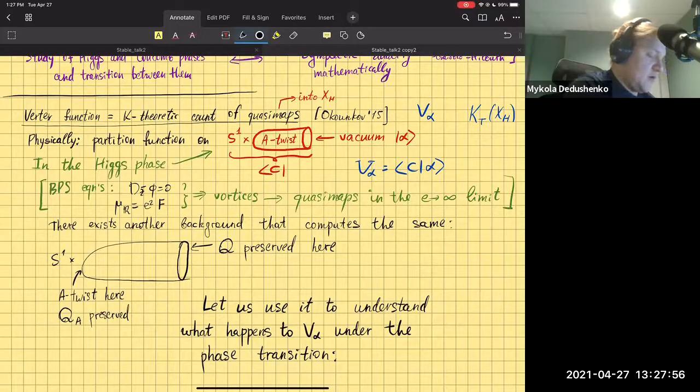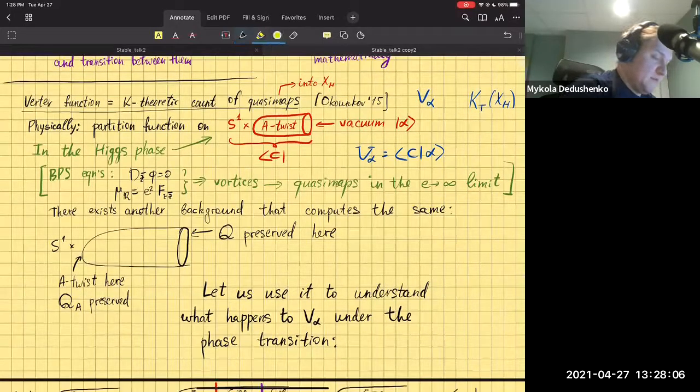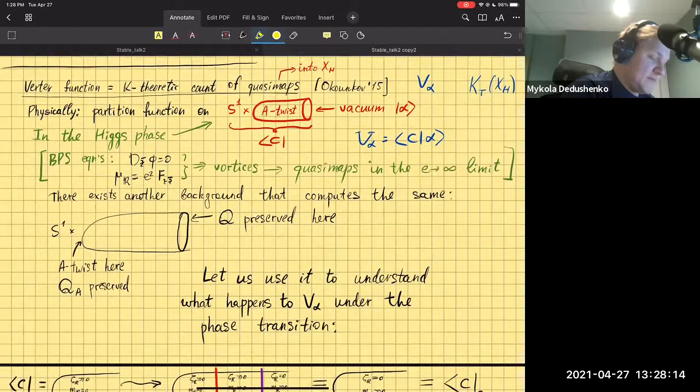Here I mean only the U(1) part of your gauge field in the cigar direction. These are really the vortex equations. Then in the limit where you take e to infinity, the vortices shrink to points and you get these quasimaps.